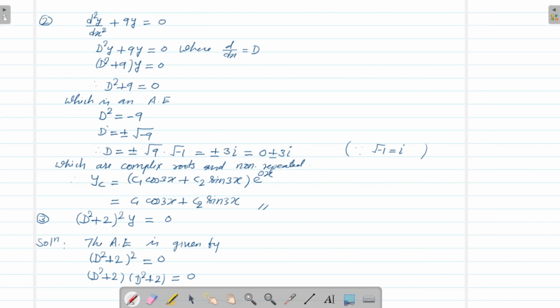This can be written as d square plus 2 equal to 0, and d square plus 2 equal to 0. Now see here, d square equal to negative of 2.